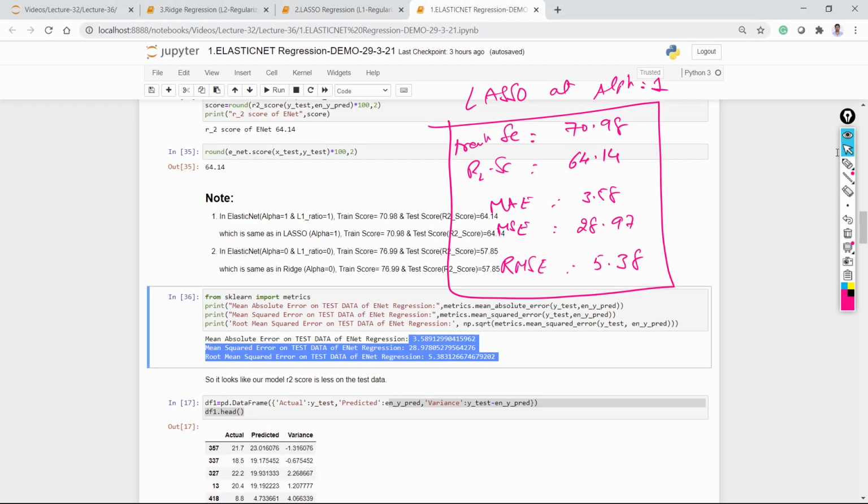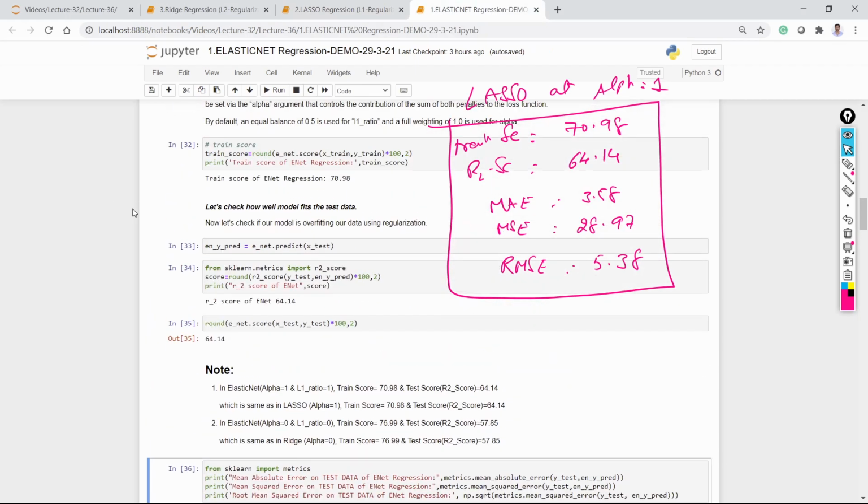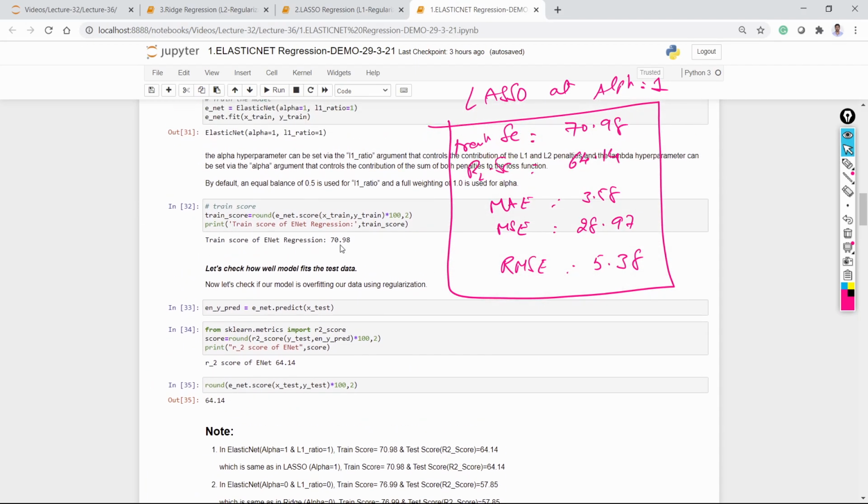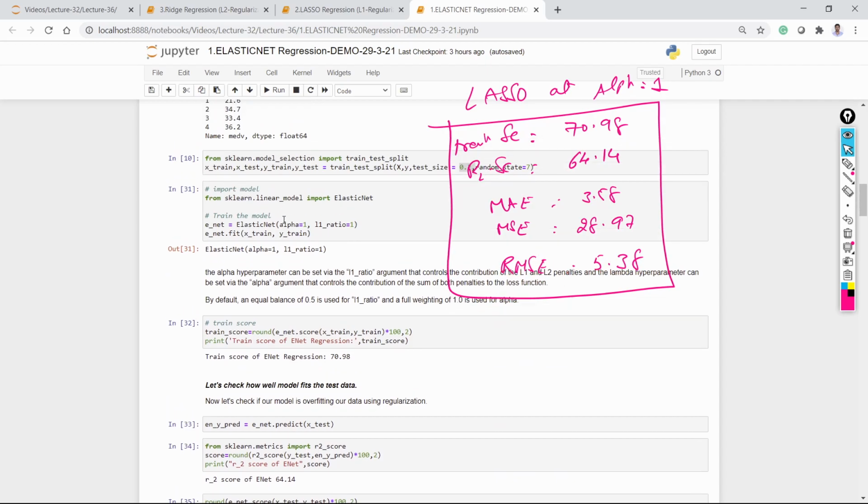If you see this elastic net, when your alpha value is equal to 1 and L1 ratio 1, so this is the train score.